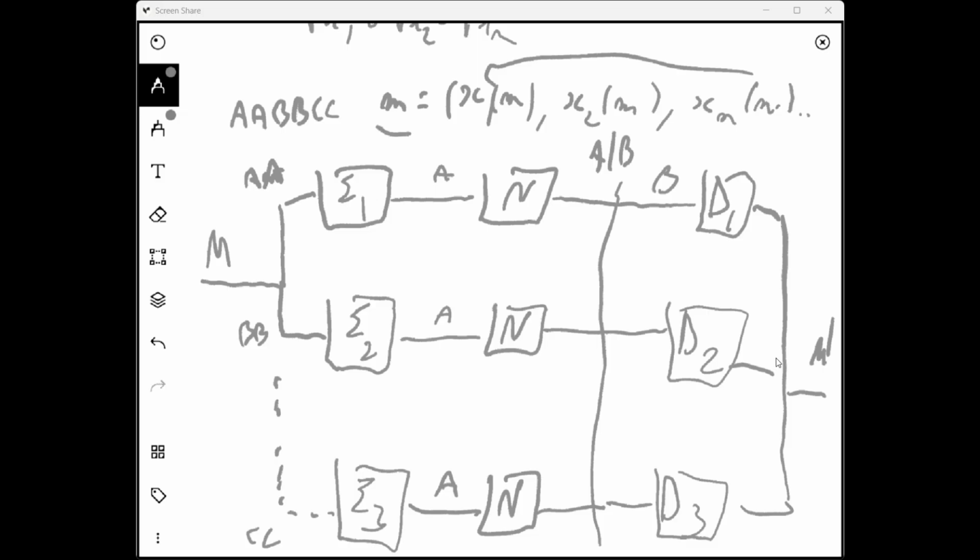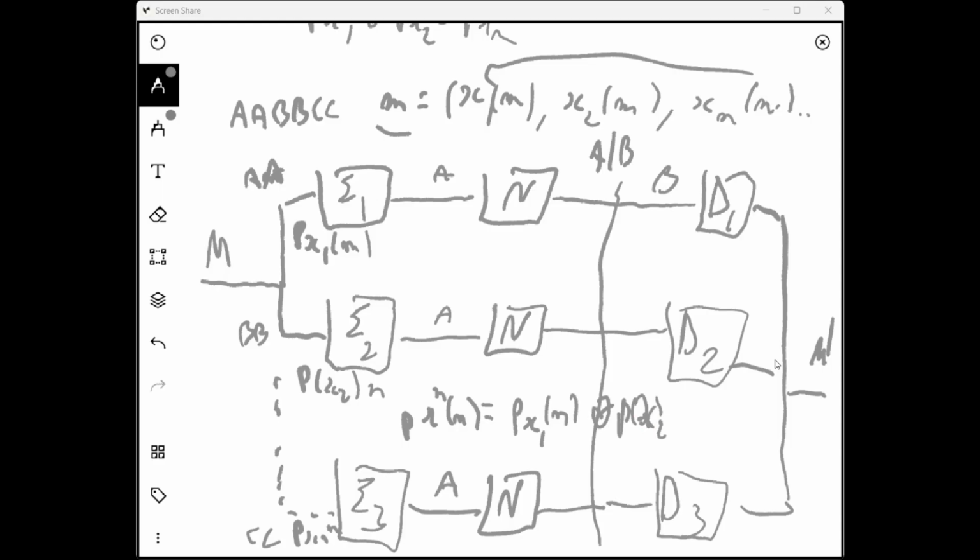So Alice generates a quantum codebook with quantum code words: rho x1 of m, rho x2 of m, and rho xn of m. And at the end, the formula is that rho xn of m is just the tensor product of rho x1 of m, rho x2 of m, up to rho xn of m.